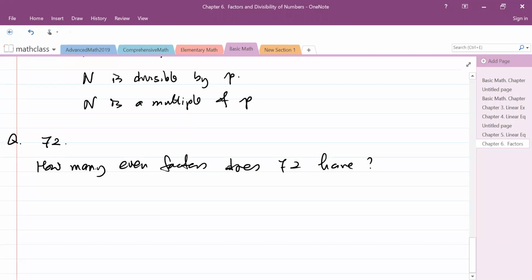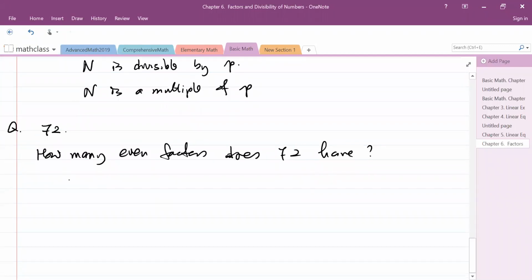First of all, you have to do the prime factorization. 72 is going to be what? 12 times 6, or 8 times 9.